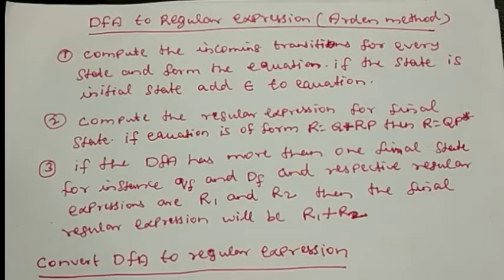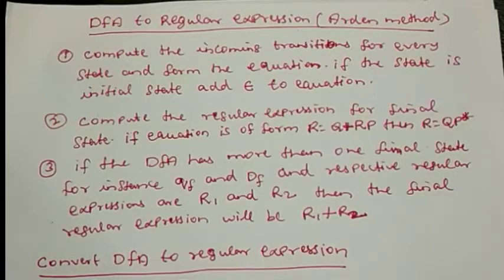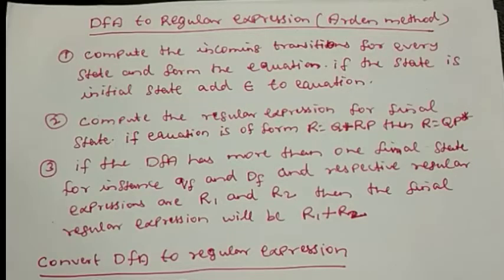Now the second step is you are supposed to compute a regular expression for the final state. If the DFA has a final state, you have to compute the regular expression for that final state. And if the equation is of the form R equal to Q plus RP, then you are supposed to reduce that to R equal to QP star. Okay.